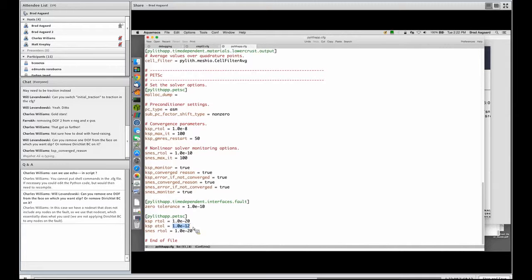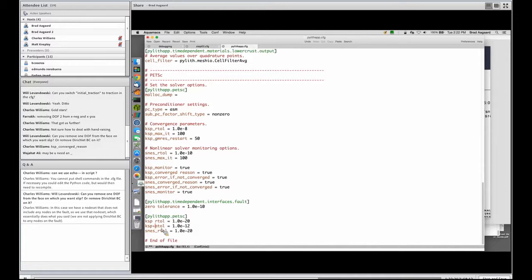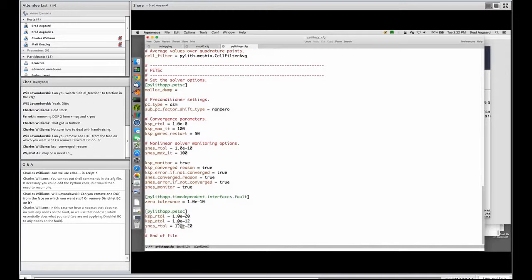That forces the linear solve so that if there really is displacement, it's going to be bigger than 10 to the minus 12. If there really is 0, it's going to be smaller than 10 to the minus 12. And then our SNES relative tolerance, sorry, is 10 to the minus 20. And did I have a SNES absolute tolerance?